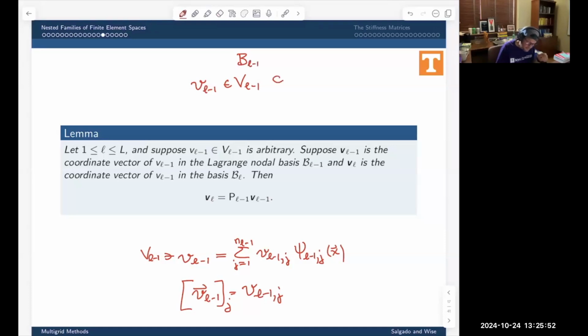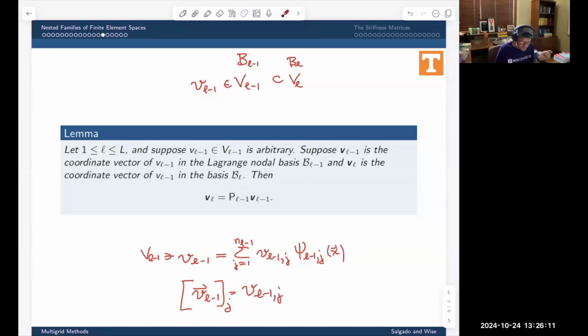But this is a subspace of V_L, and this has the natural basis B_L. So that means this function is also in this space. That means I can write this function in two different basis expansions, in this basis expansion or this one.